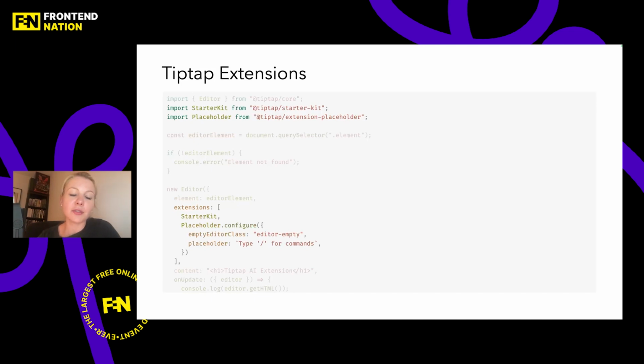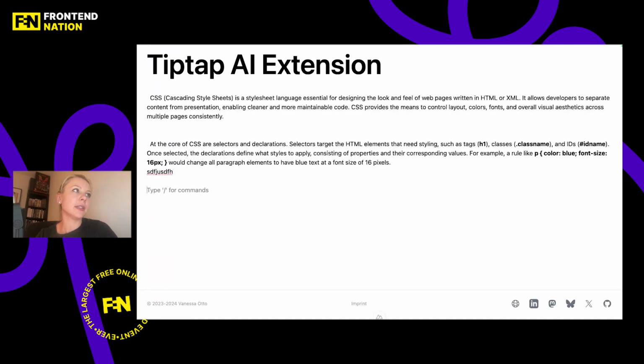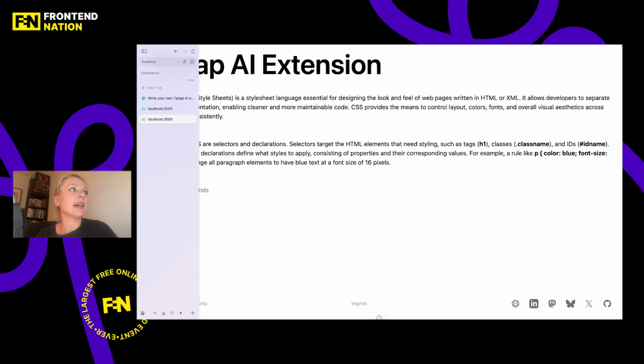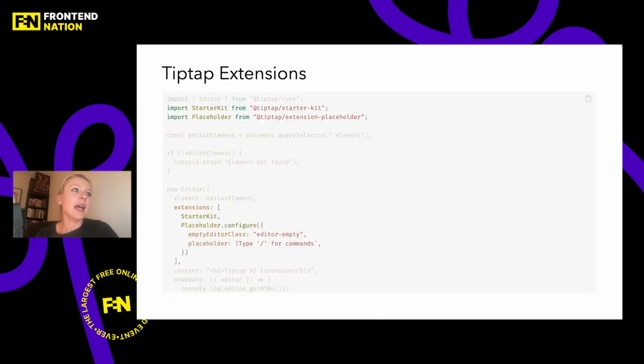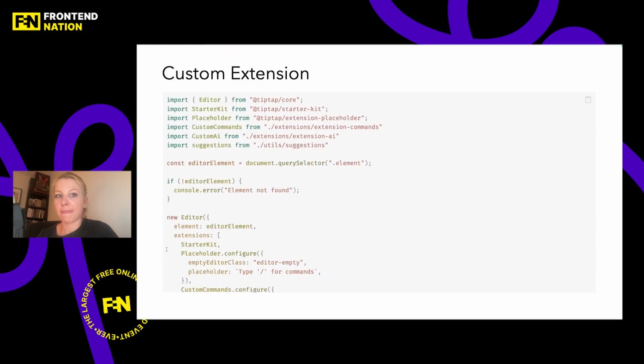I could have done that to the starter kit as well, but I didn't want to configure anything, so that was just not necessary. But here for the placeholder, I set a CSS class, so I can have a specific color on the placeholder. It is a bit more gray than the usual dark text here. And I can say I want to write type / for commands as a placeholder.